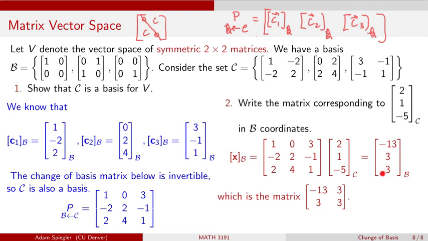And then this third entry is telling us what the second diagonal entry is, and that is also 3. So this matrix in C coordinates, which we haven't even written out, we can express relative to B coordinates. And once we have it in B coordinates, it's a little bit easier for us to then express what that looks like as a matrix.